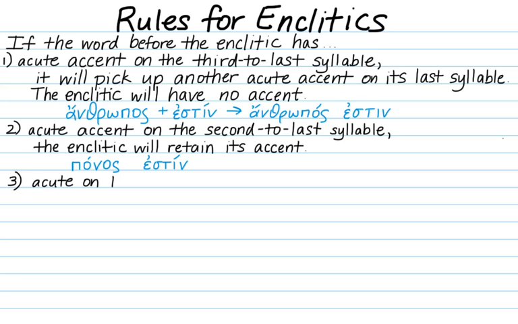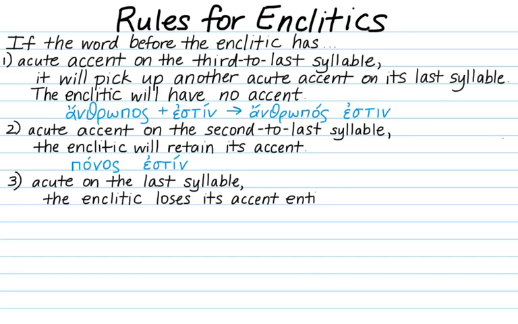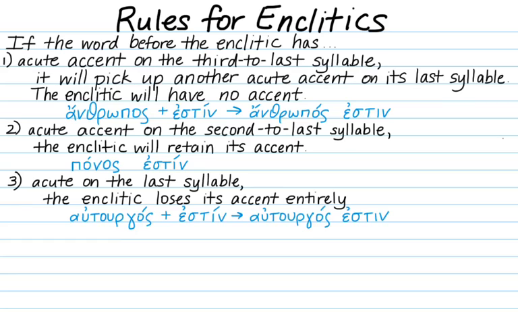The third rule is if the word before the enclitic has an acute accent on the last syllable, nothing changes with that word, but the enclitic loses its accent entirely. As in the example, auturgos plus estine, combined in one sentence in that order becomes auturgos estine, i.e. the accent of estine disappears.